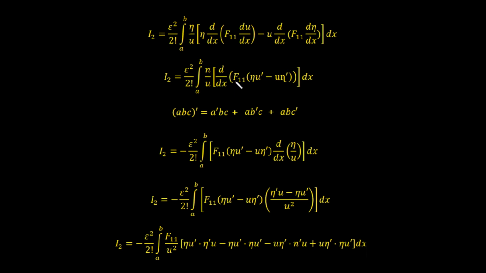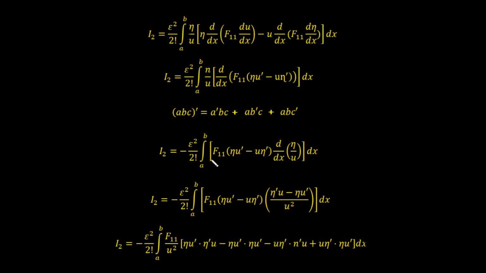So the positive becomes a minus, we put the eta upon u inside the d by dx, so that's d by dx of eta upon u, and we take this term outside. So we've done integration by parts in order to get access to this outside the d by dx. So that's what we've got here.